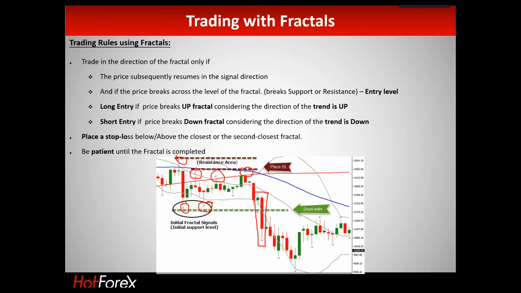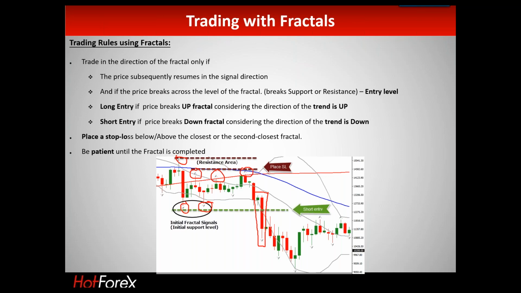Our immediate support level, which was initially set by two consecutive down fractals. This sharp break lower and the closing of this fractal below this support level could be set as your entry level, as your short position entry level.